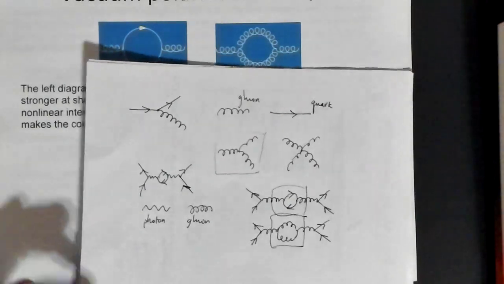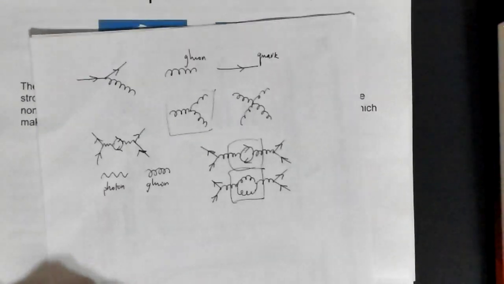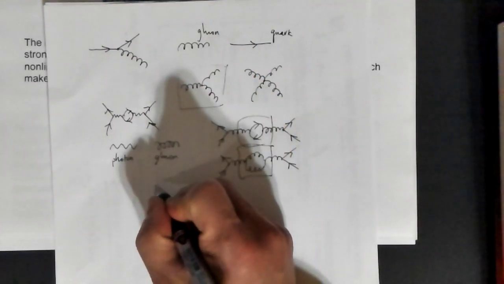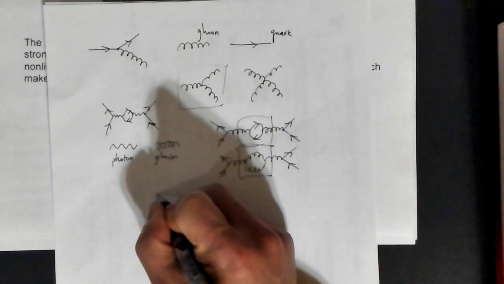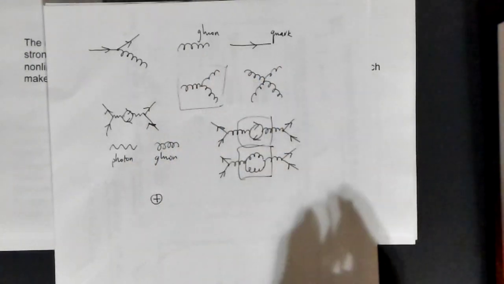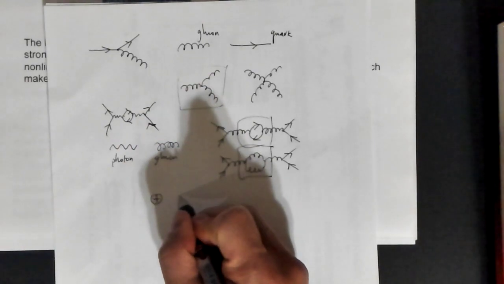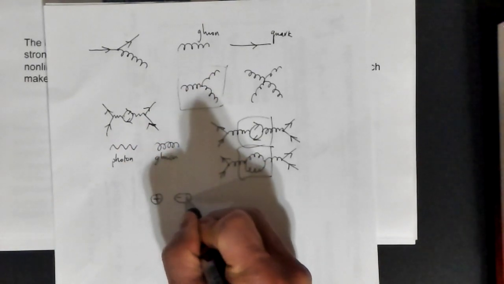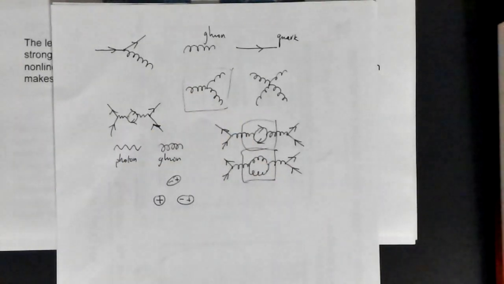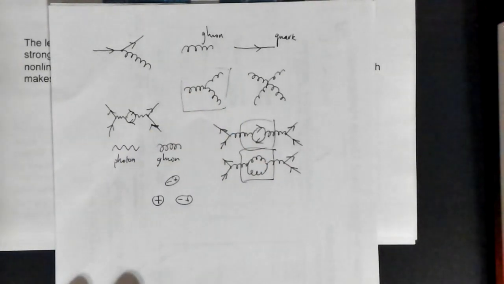Okay, and this actually ends up making all the difference in the world. When we talked about the screening of charges, so if I have a plus charge here for quantum electrodynamics, remember we talked about having little dipoles that screen the charge and make it look weaker at long distances.